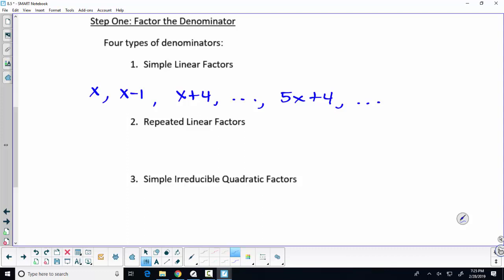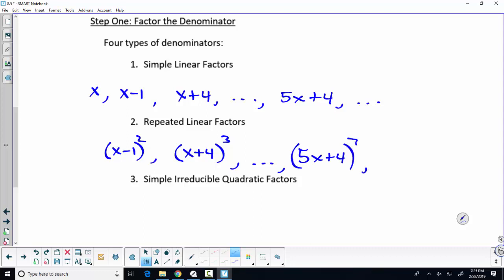Repeated linear factors would be things like x minus 1 squared, x plus 4 cubed, and so forth, 5x plus 4 to the 7th.